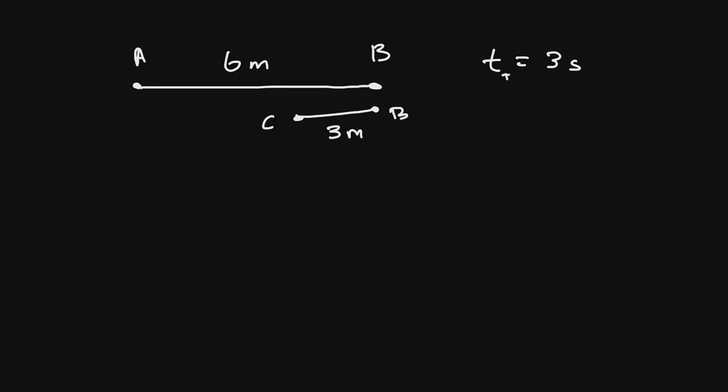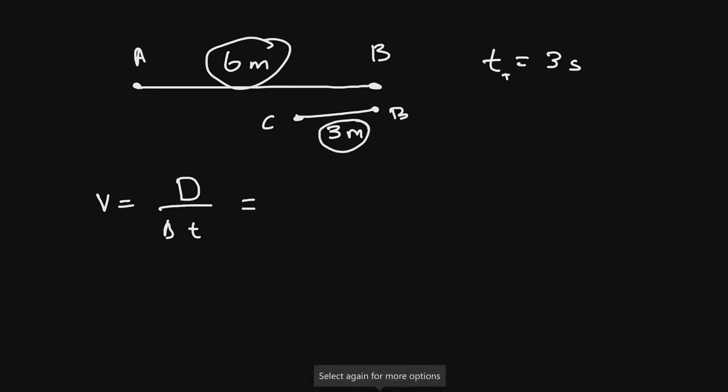Okay. So if we want to calculate the speed of this kind of problem, we will say the speed of the car from A to B is going to be given by distance over change in time. But remember, the distance is what? It is the total length of the path that is taken. So the total length, that means we're going to say 6 plus 3, because the path that is taken is from A to B, then from B to C. So the total length will be 9 meters.